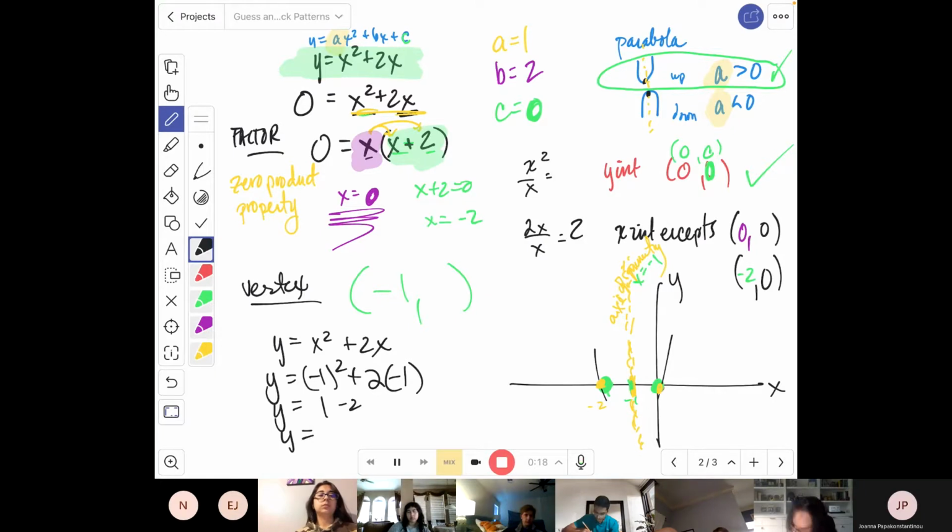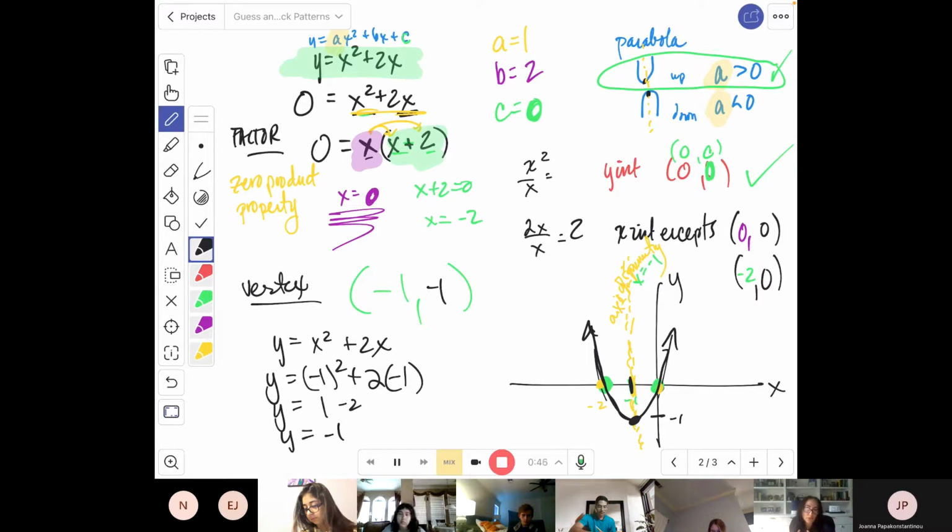Negative what? -1. -1. So I have my vertex. If I go to -1, -1, I have my vertex and I can graph it, right? That works great if I have integer value intercepts.